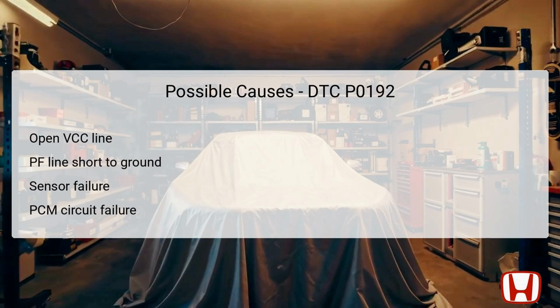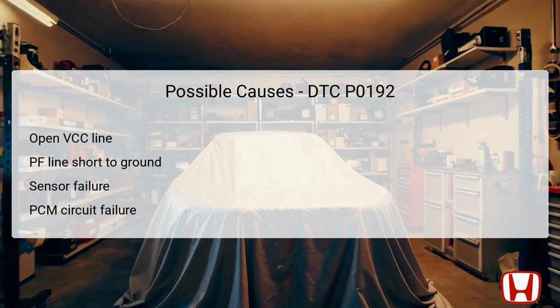Several potential causes can lead to the activation of DTC P0192. Firstly, an open VCC line, which refers to the power supply line to the fuel rail pressure sensor, can prevent the sensor from receiving the necessary voltage to function properly. Secondly, a short in the PF line, which is responsible for providing feedback from the sensor, can also lead to erroneous signal voltages being sent to the PCM.